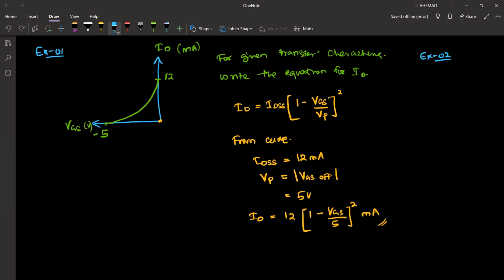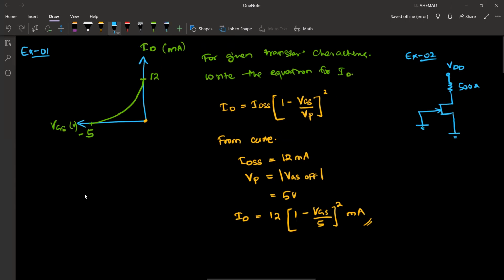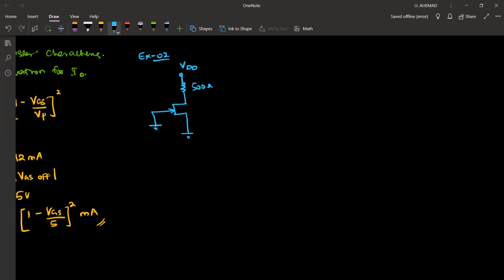Second example. The current is also given.